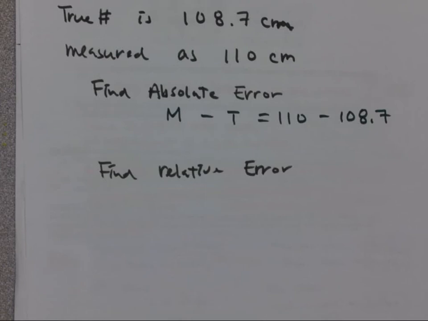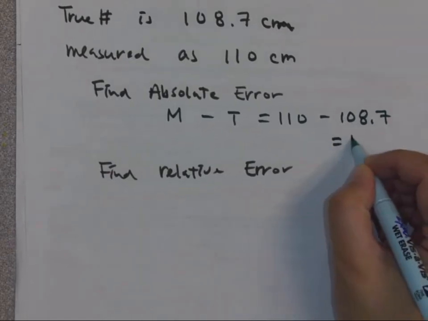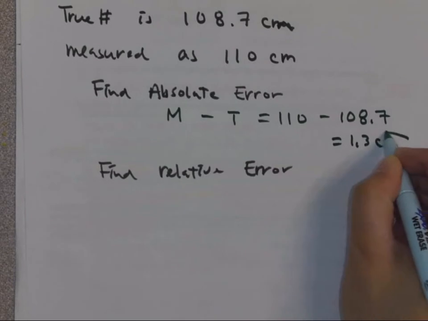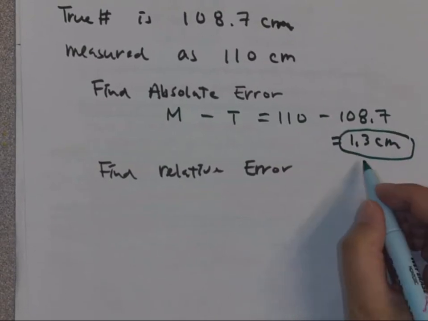So today is okay, but on the test day you cannot. So what do I have here? 110 minus 108.7. What do we get? 1.3 centimeters. So this is your absolute error.